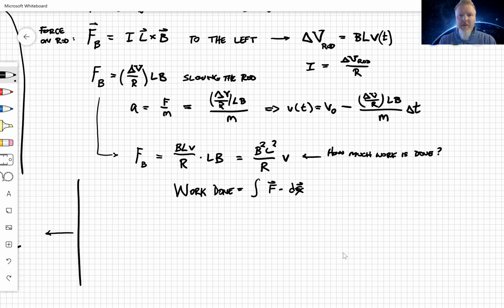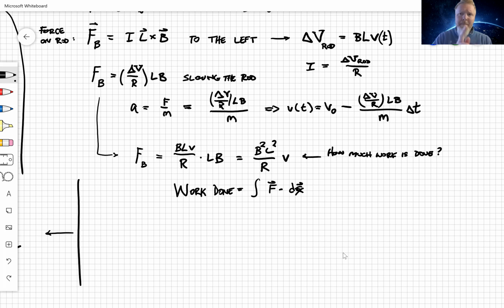Okay, so I can look at how much work is getting done by the force F. And in fact, if I want to be a bit clever about this, and who doesn't want to do that? I know that there's an expression for power generated as a current flows through a resistor. Okay, but the power and the work done aren't the same thing.